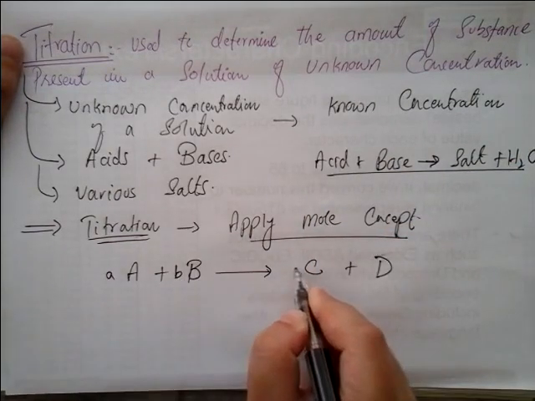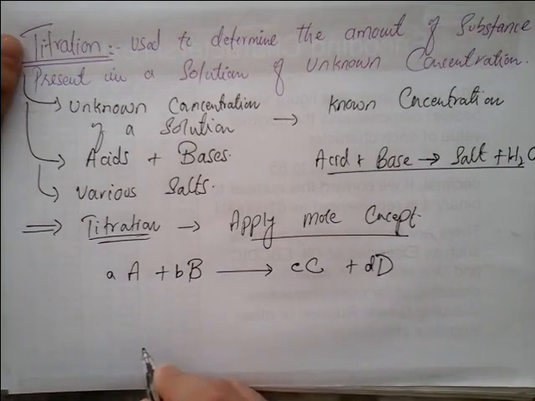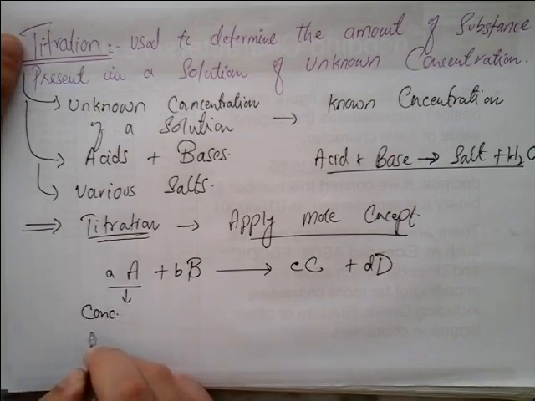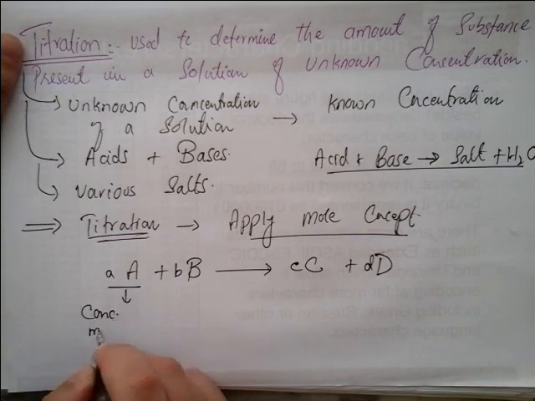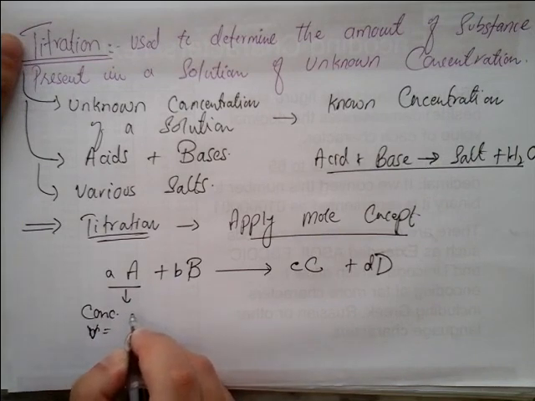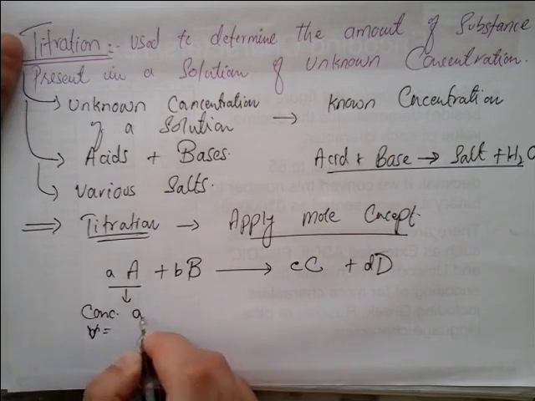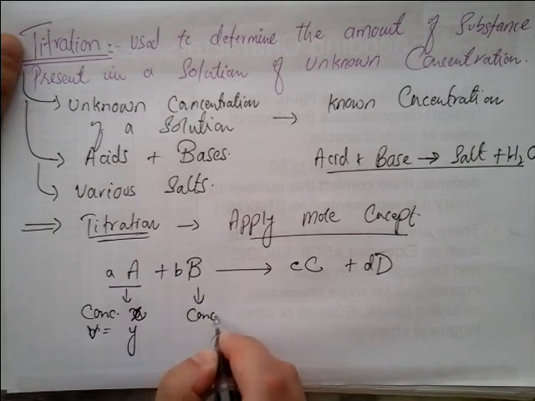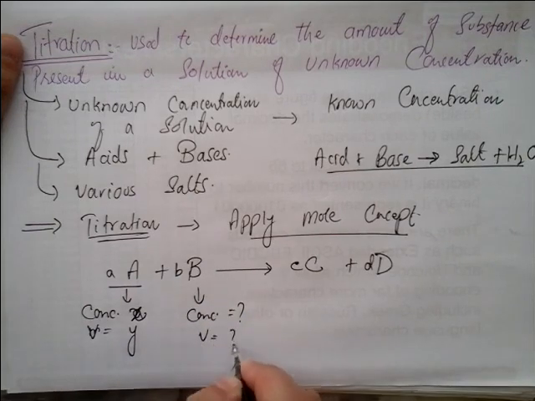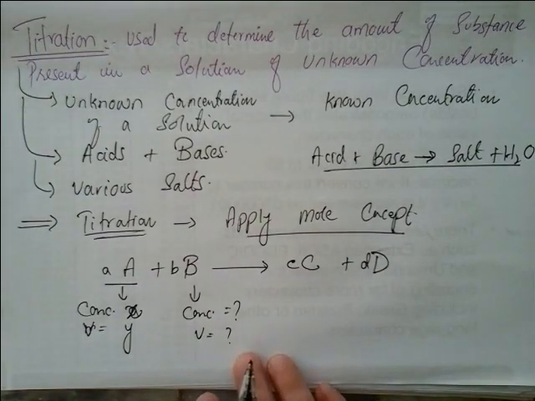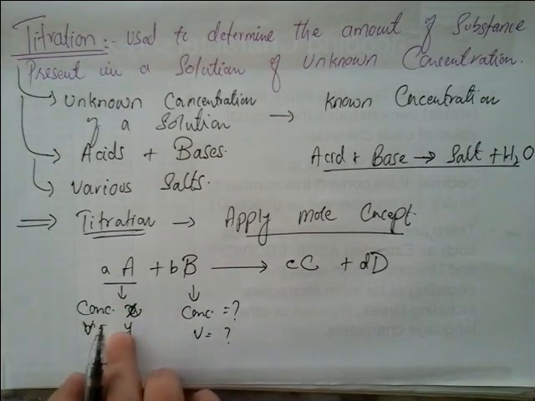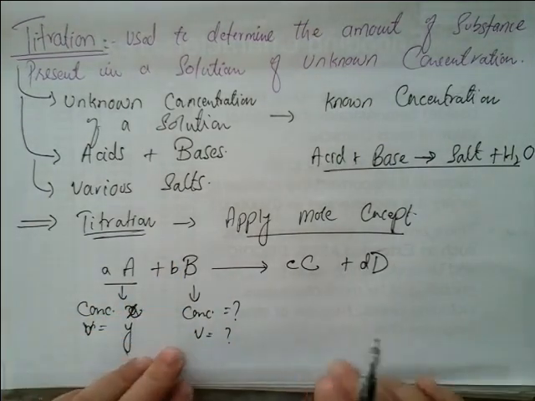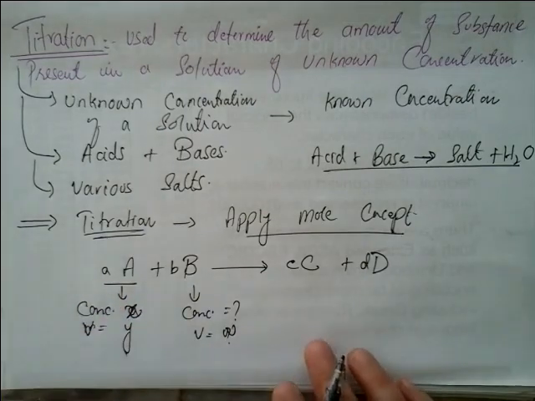These are their stoichiometric coefficients. So for example, here concentration is given, is that clear? Mole concentration is given and volume is given also. For example, for A the concentration is X and volume is Y, but for B we do not know the concentration and we do not know the volume. So through the mole concept we can easily find the moles of A, then apply the mole ratio and easily find the moles of B, and after finding the moles we can easily find the concentration of B.